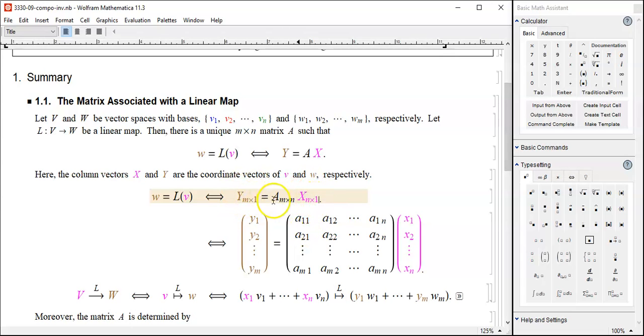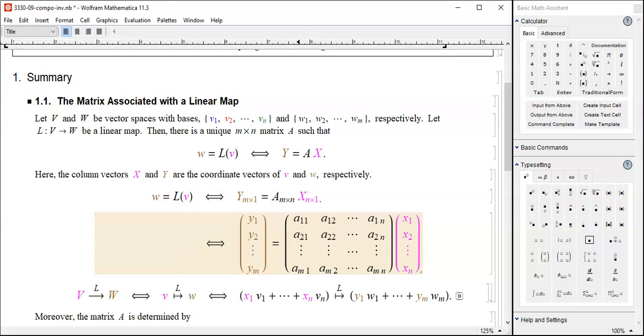N-dimensional, m-dimensional, so we have to have an m by n matrix. Or I can be even more straightforward like this. This is an m-dimensional column vector, you can clearly see that. And here is an n-dimensional column vector. And this one you can count, m by n matrix.